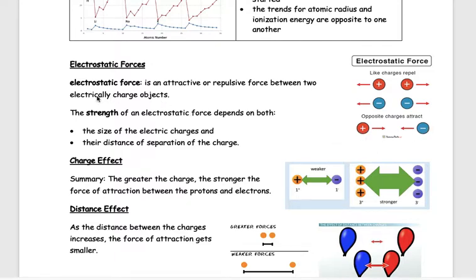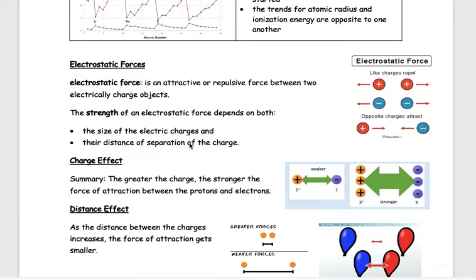So electrostatic forces are the attractive or repulsive force between electrically charged objects. Now we know which way the charges are going: we're going to have a proton, which is positive, and an electron, which is negative. So we're going to be studying the attraction between those, okay?